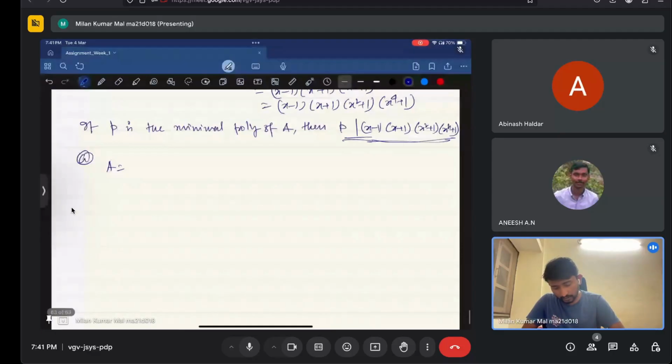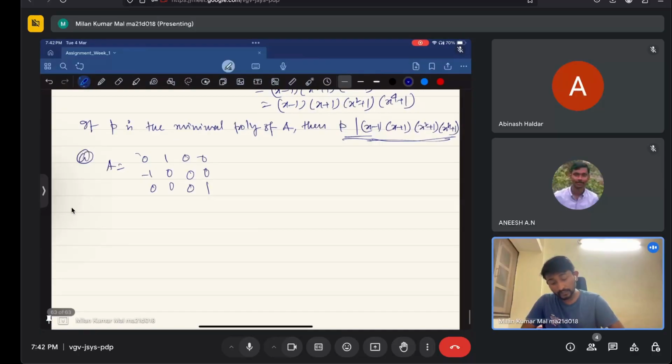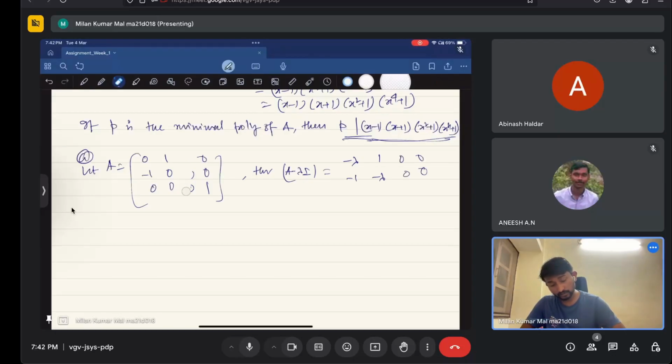Consider A equal to the matrix with rows 0 1 0, minus 1 0 0, and 0 0 1. So in that situation, let A equal this, then A minus lambda I will be minus lambda, 1, minus 1, minus lambda, and the last entry 0 0 with 1 minus lambda, taking the 3 by 3 matrix.